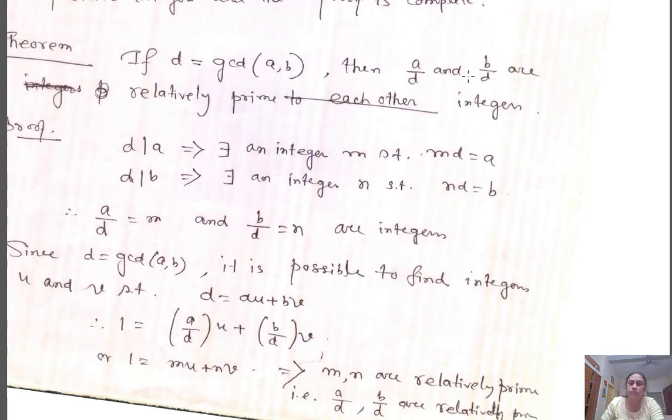What does this mean? m and n are co-prime, since mU plus nV equals 1 means GCD of m and n equals 1. So A by D and B by D are co-prime. Using Bezout's identity, you can easily prove this.